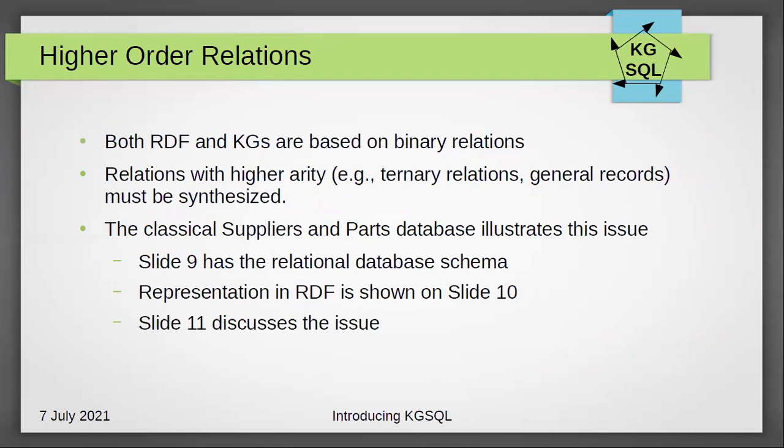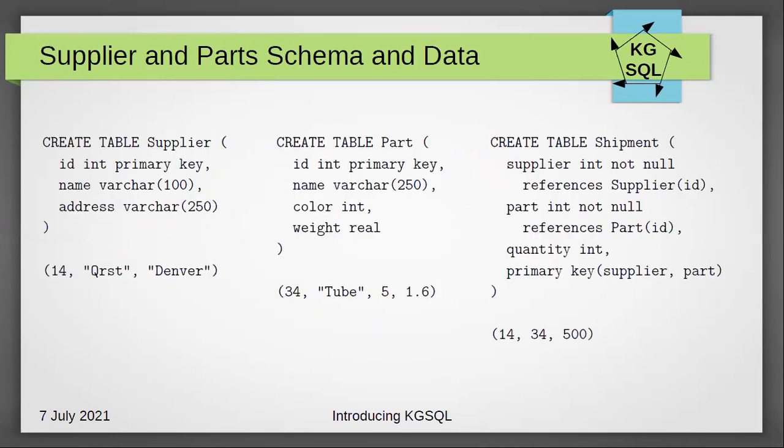Relations with higher arity therefore must be synthesized. So records, ternary relations. So I'm going to give an example now of a classical database, suppliers and parts, that illustrates the issue that one has with using RDF. So this is the classic database written in SQL.